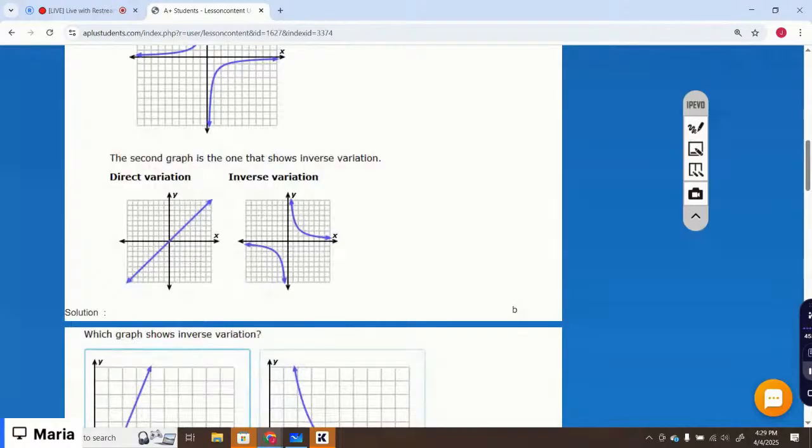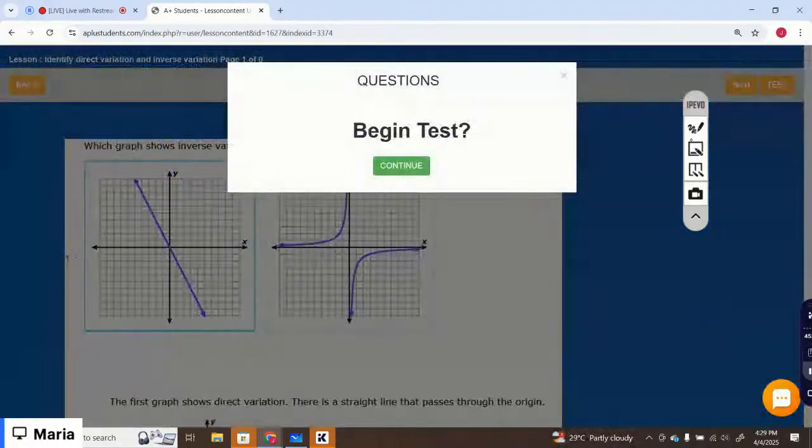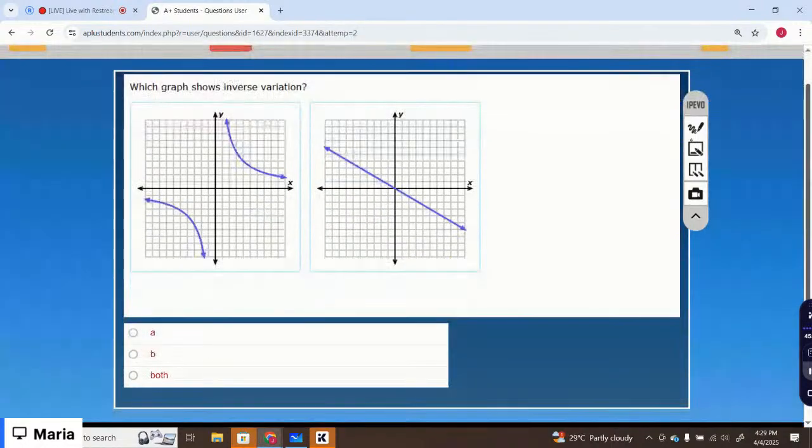The test questions. Which graph shows the inverse variation? A and B. Option A is the correct option. That is the graph that shows the inverse variation.